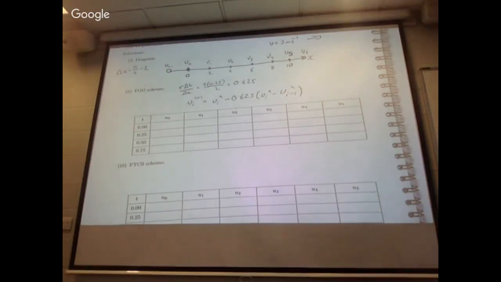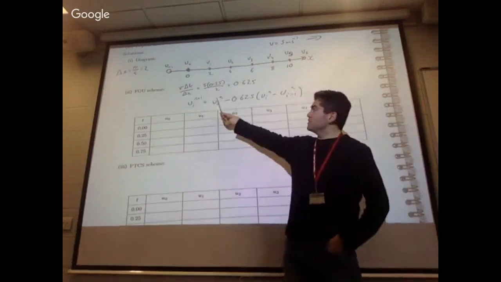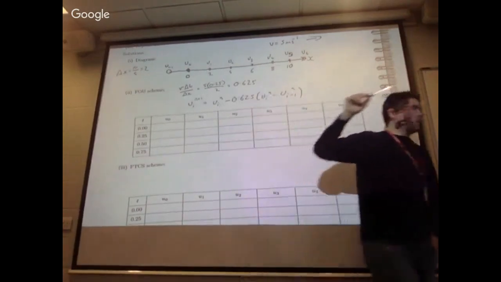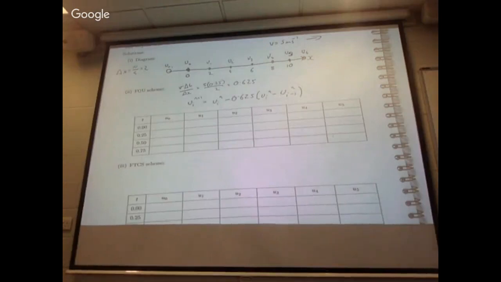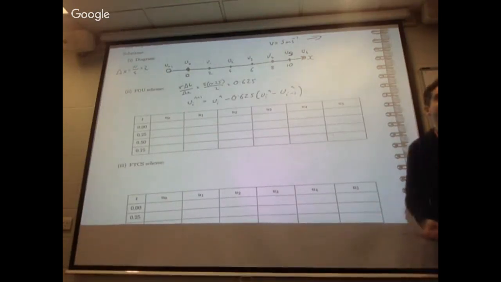All of a sudden it doesn't look too difficult. Your value of node i for the next time step is equal to the current value minus 0.625 times the current value minus its neighbour on the left.